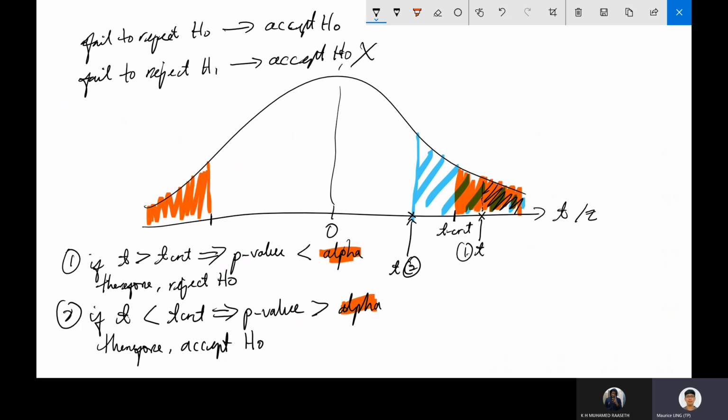So you must say fail to reject. Yes, correct. Although as you go further in studies, a lot of people don't even use the term fail to reject null hypothesis. You just accept null hypothesis. It's taken to be the same case.